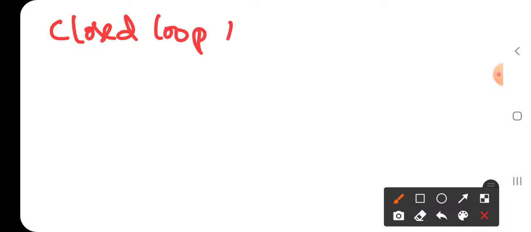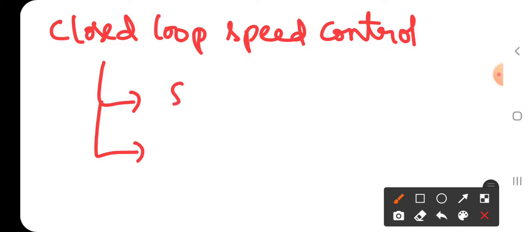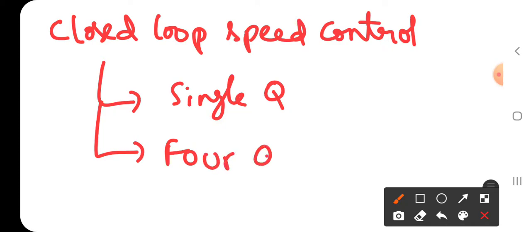Here we have two: one is single quadrant and the other is four quadrant.